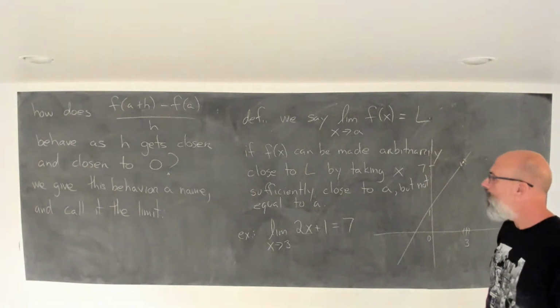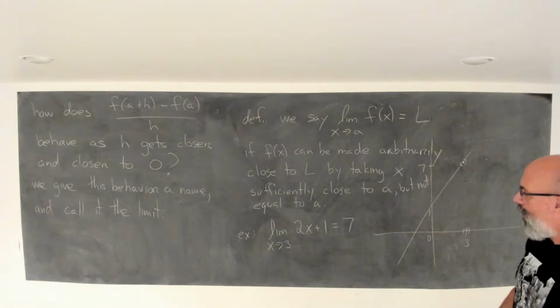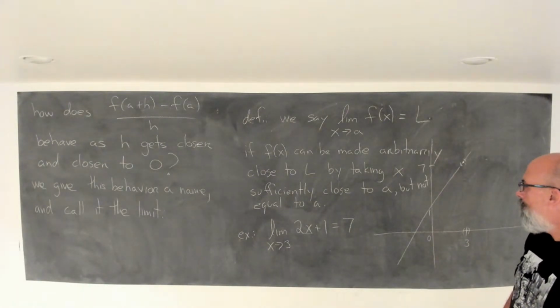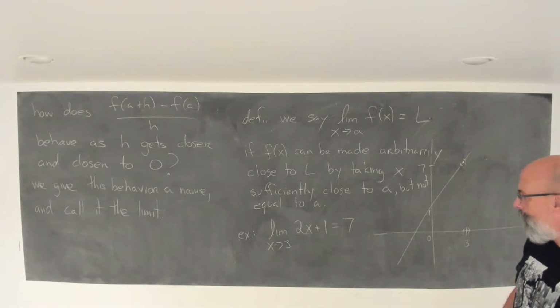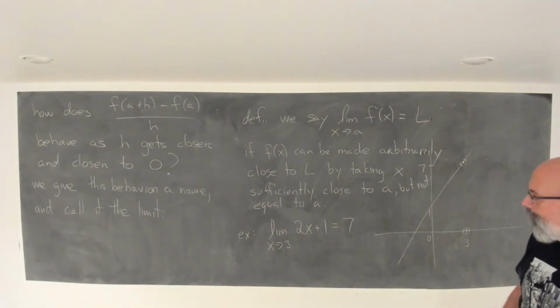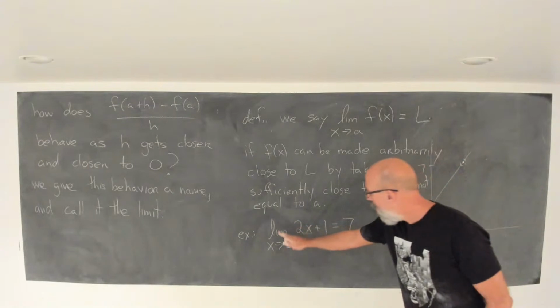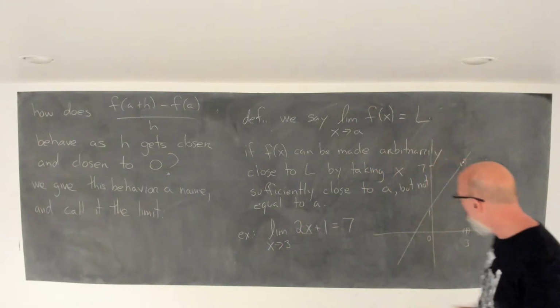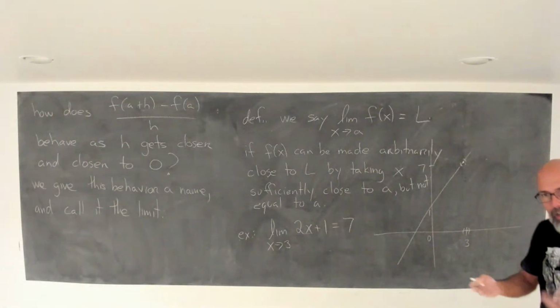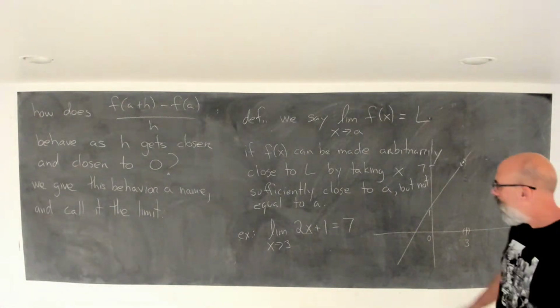Sorry about that. Please make the necessary change. But there it is. The limit as x goes to 3 of this function is 7. You know exactly what's going on here.